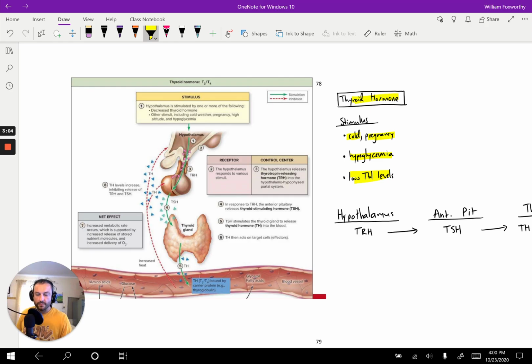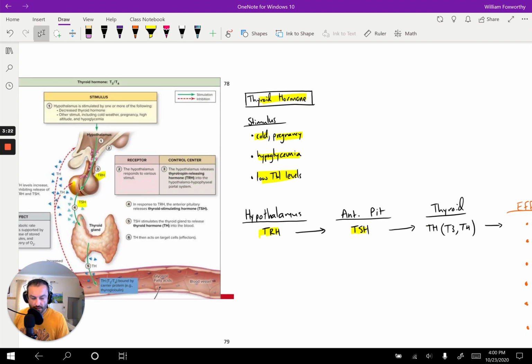When these stimuli are received by the hypothalamus, it releases thyroid releasing hormone. That is released onto the anterior pituitary, and the anterior pituitary then releases thyroid stimulating hormone. That goes through the blood and interacts with the cells that have receptors for it on the thyroid gland.